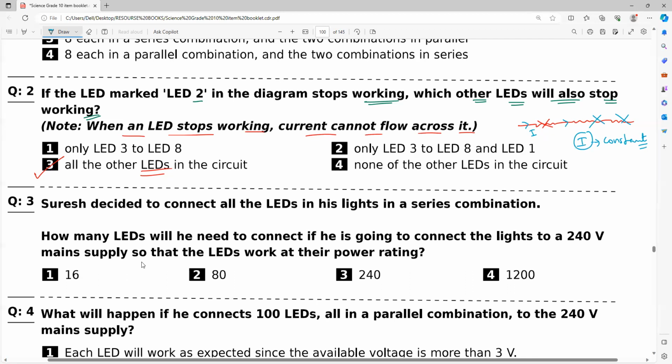Next, Suresh decided to connect all the LEDs in his lights in a series combination. Very good.